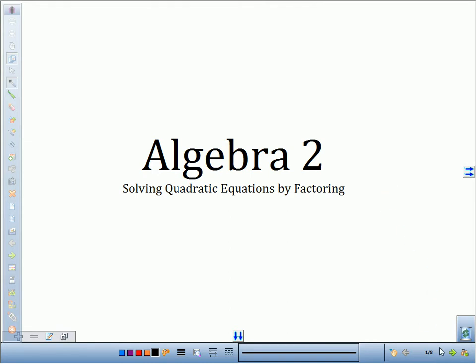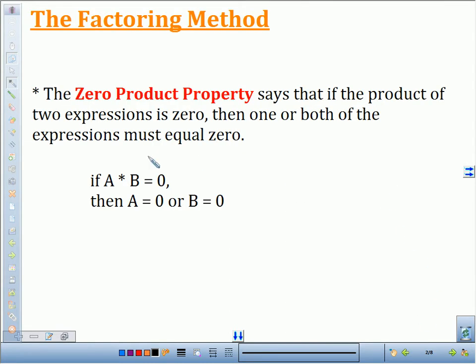Now, the key point behind the factoring method is what's called the zero product property. The zero product property says that if the product of two expressions is zero, that is, if I have two expressions and I multiply them together and I get 0, then one or both of the expressions must equal 0.